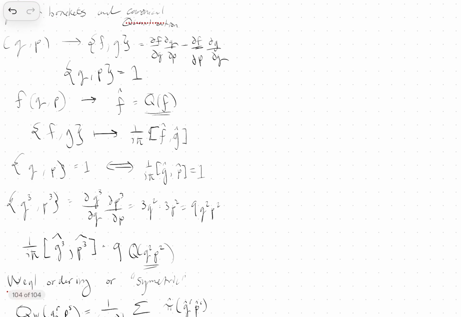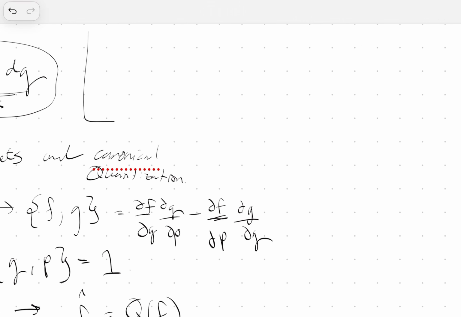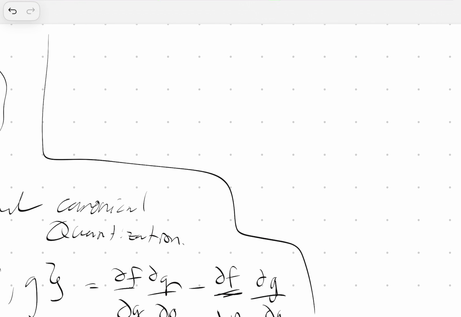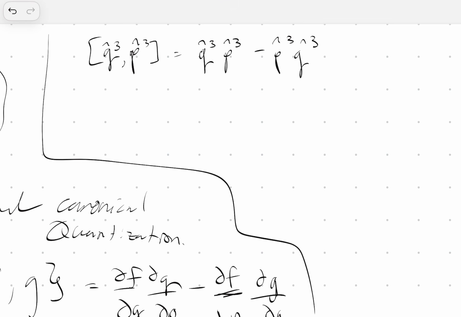And so by repeatedly commuting the factors, we get Q hat cubed P hat cubed minus P hat cubed Q hat cubed.